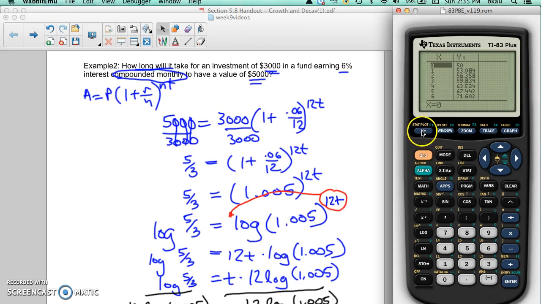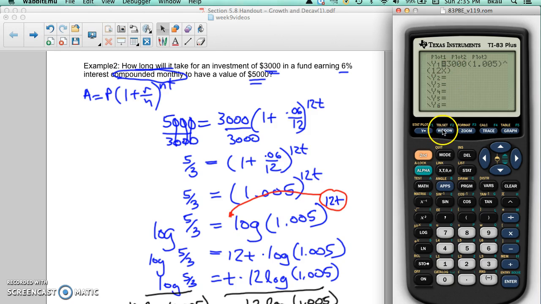So on our second problem, we're just going to verify that. So in this case, we have 3,000 1 plus, we can just type in our decimal we have here, 1.005. We figured that out, and then the exponent is going to be 12t or 12x here, and the same thing. So this is our value, or our calculator value.